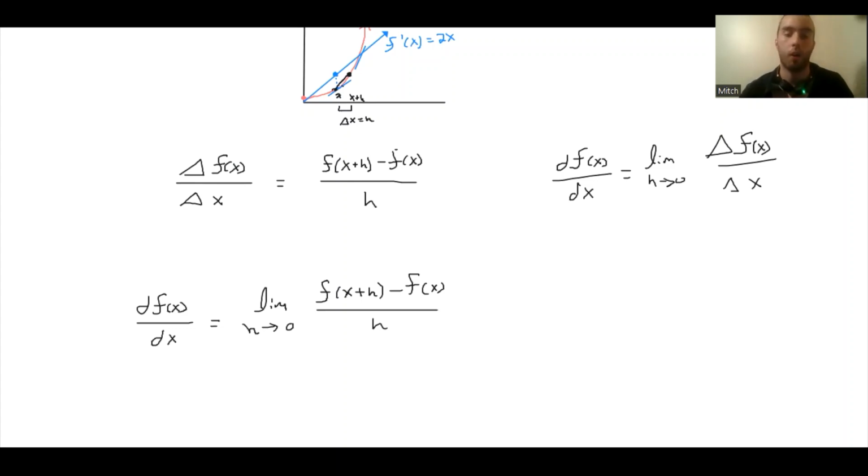Oftentimes, especially in introductory calculus, people really like the Newton notation because it's just easier to write, which is just the f prime x. And this Leibniz notation is the d by dx.